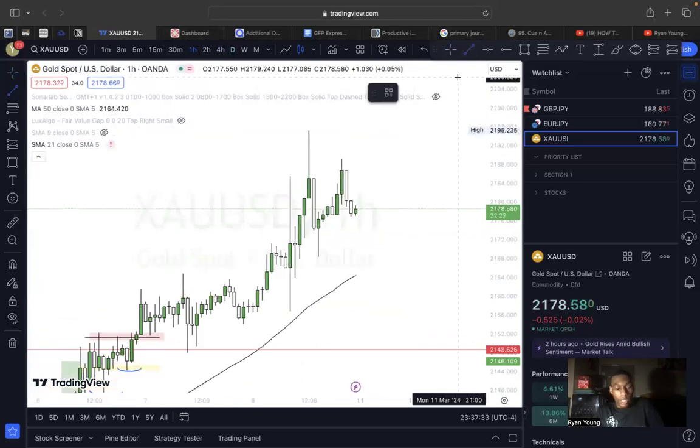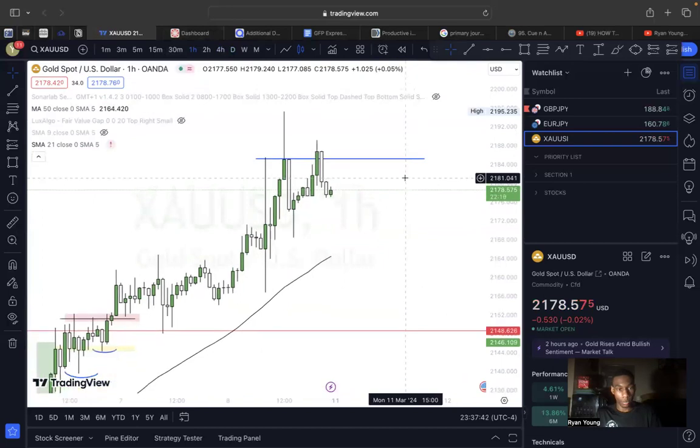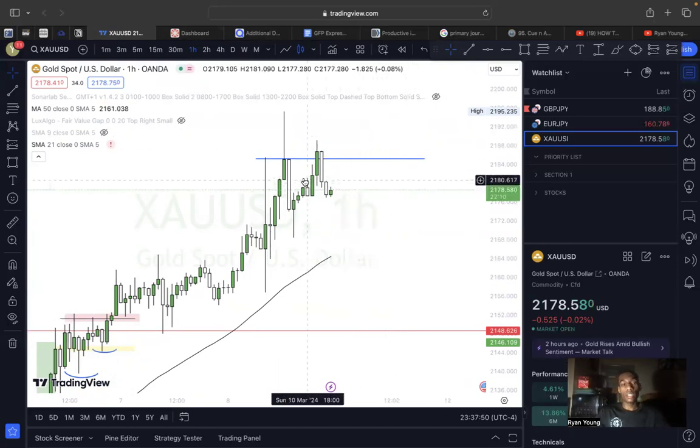Things that I'm looking at, or rather just things that I see, because you just want to trade what you see, not what you're looking for, not what you want to see. You just trade what you see. So right here, we have a level of resistance. Price respected it, rejecting it once.